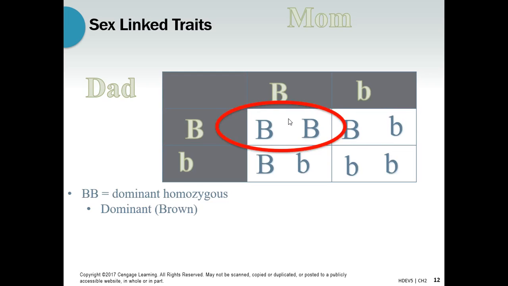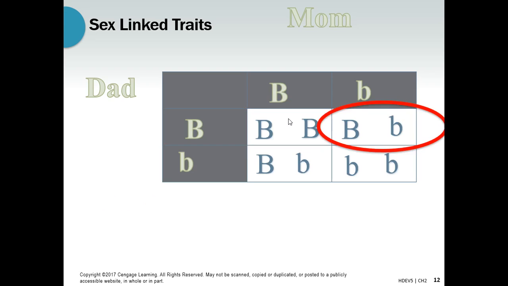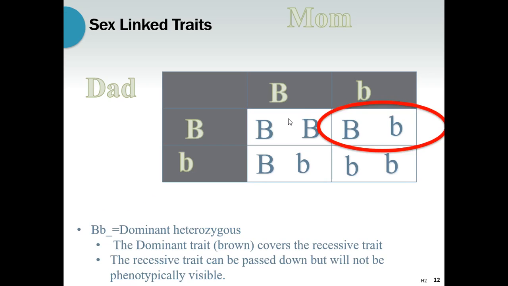Here, this child is going to have brown eyes. This person we would call dominant homozygous. That is, their alleles are homozygous, and this person has dominant alleles. Both of them are. And therefore, they're going to end up with brown eyes. This individual is going to have heterozygous alleles, but they're still dominant because that capital B is going to cover the lowercase b, or the recessive trait.